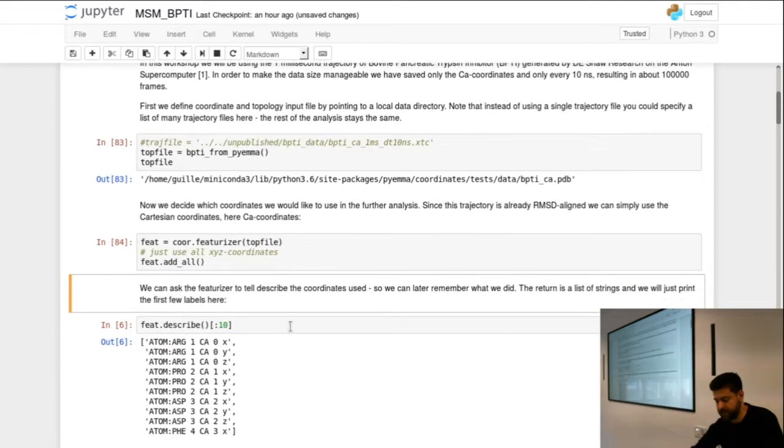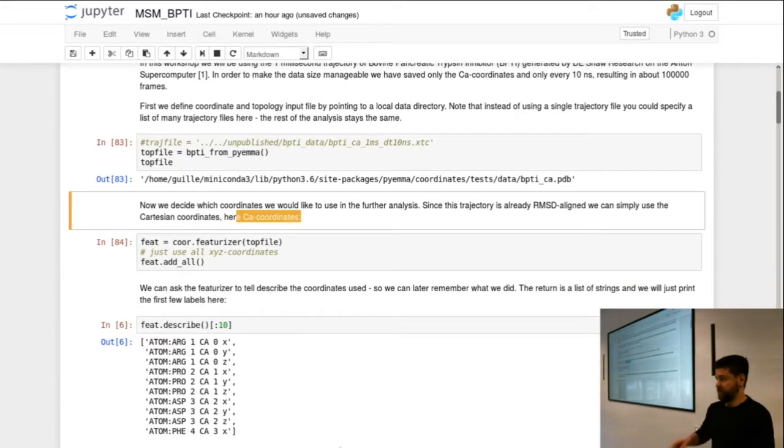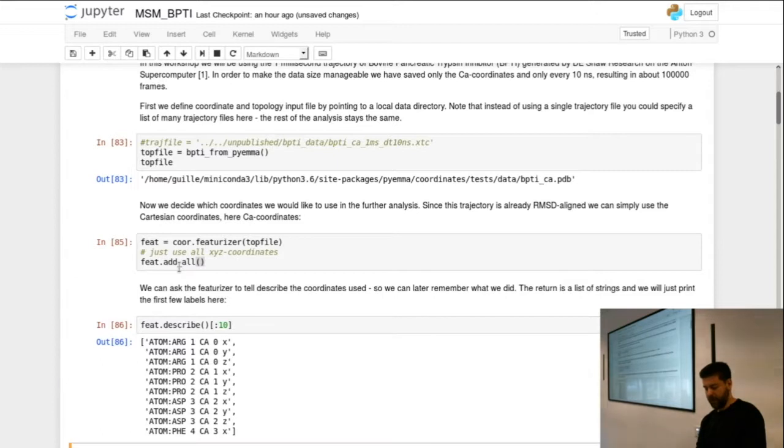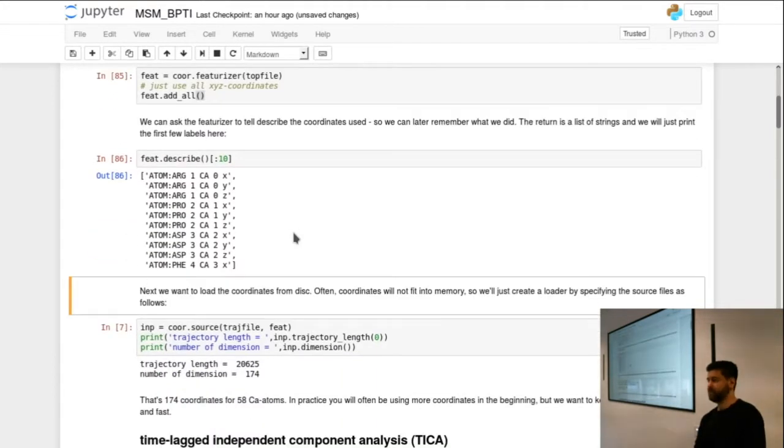In this case, I have chosen to featurize on the set of Cartesian coordinates. It's just C alphas that we're dealing with, so I don't have to specify anything else. If I pass the top file to the coordinate featurizer method and just say add all, I'll be adding, as the description says, all Cartesian coordinates.